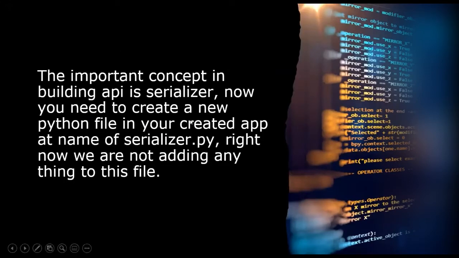So the important concept in building an API is a serializer. Okay, so ito yung isang component ng REST API na kailangan natin i-apply para magamit natin yung kanyang features. So we need to create a new Python file in your created app and name it serializers.py. Okay. So right now we're not adding anything to this file, so just leave it blank.